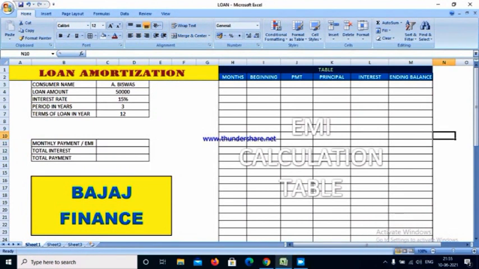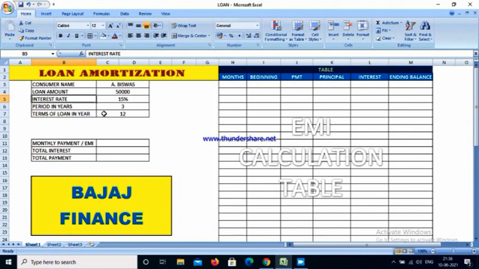On the computer screen, I have created a table students and I have taken some data for the operation. First I have taken consumer name, A business, loan amount 50,000, interest rate 15%, period in years, meaning time, 3 years, terms of loan in year 12.